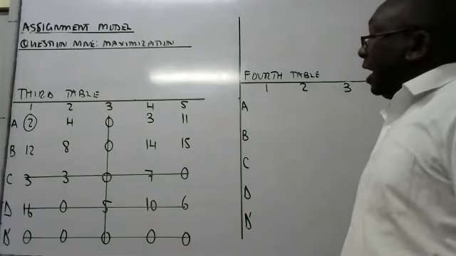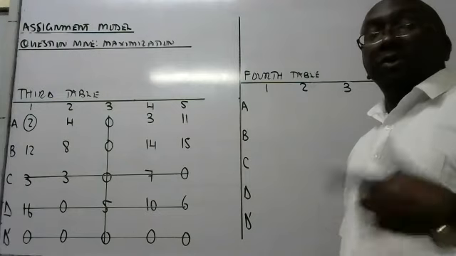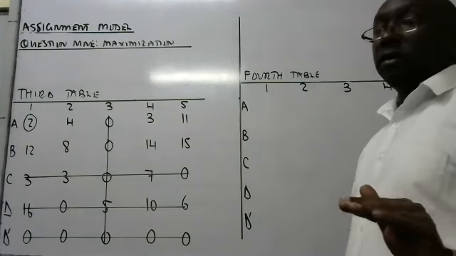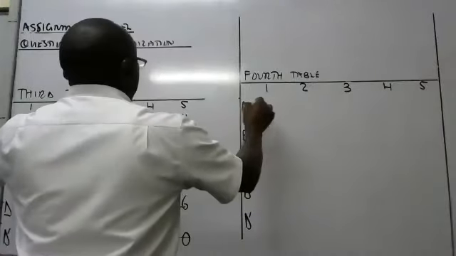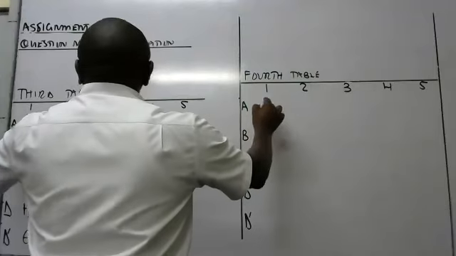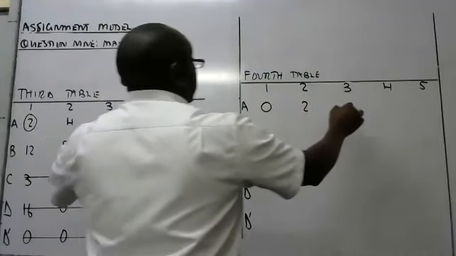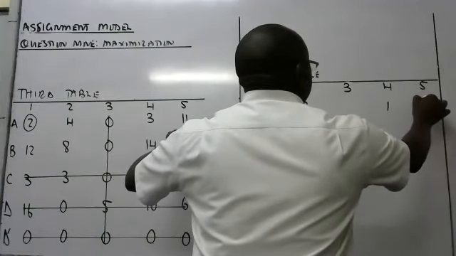The second thing, you subtract that smallest value from the values not crossed over. So for A, 2 minus 2 is 0. 4 minus 2, 2. 3 minus 2, 1. And 11 minus 2, we have 9.